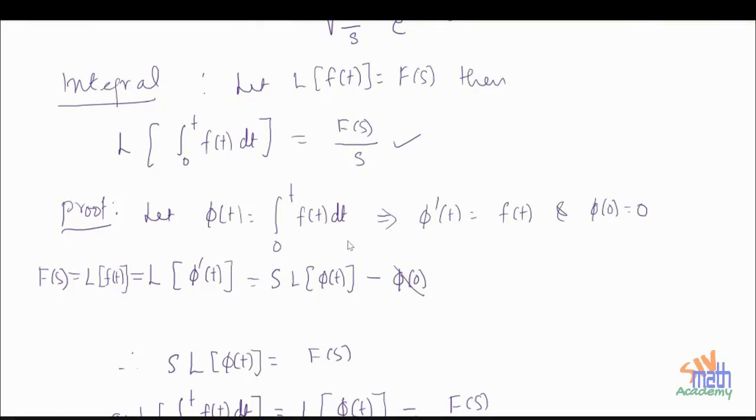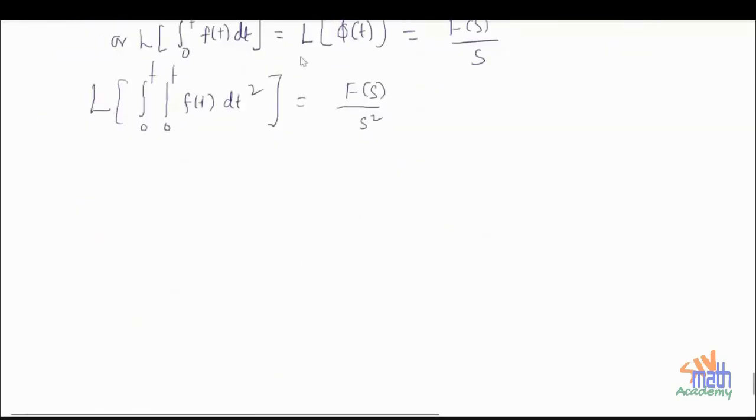That also we'll see. You can generalize this result by integrating a number of times. This is not double integration; it is integrating twice. Double integration means integrating with different variables. Here it is the same variable, so it is successive integration.